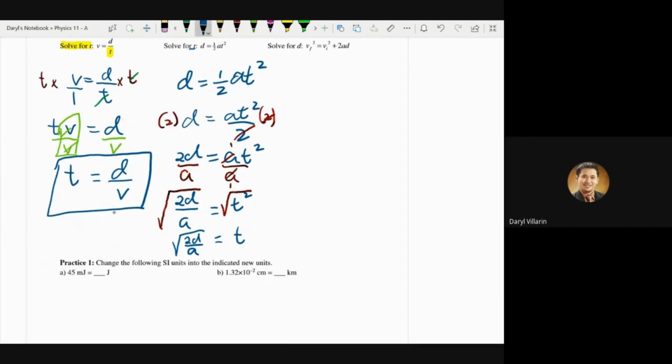So therefore, t is equivalent to the square root of 2d over a. If you want to write this conventionally, that is just equivalent to this one, so you can just interchange the two. It gives you the same thing, okay? Although, conventionally, you write the one that you're solving for on the left-hand side.